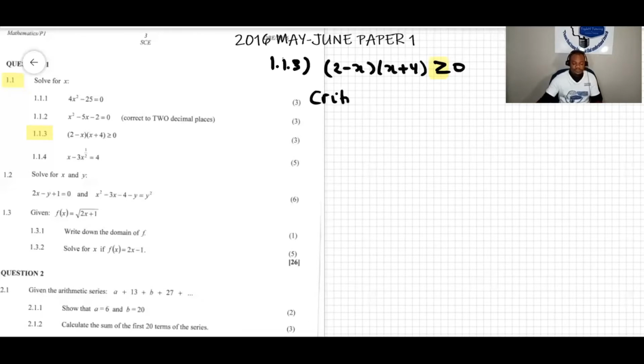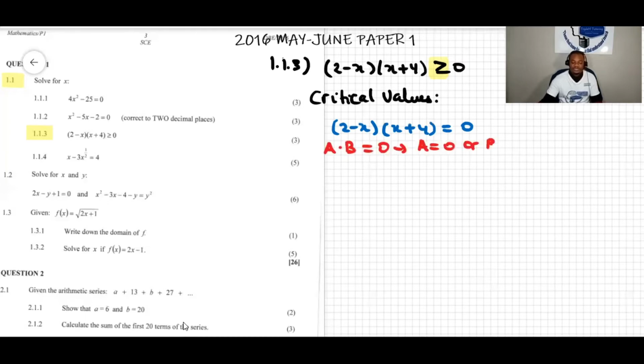To determine the critical values, we're going to make it an equation, so I'm going to set it equal to 0. Now, remember the property that says if a times b equals 0, this implies that a equals 0 or b equals 0.